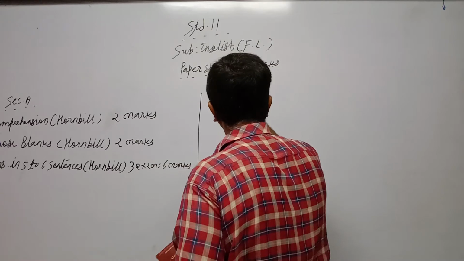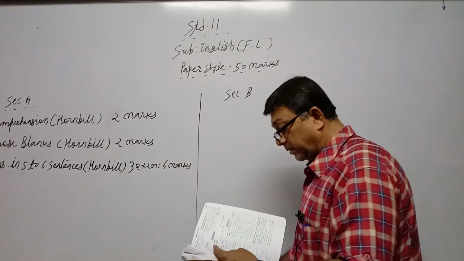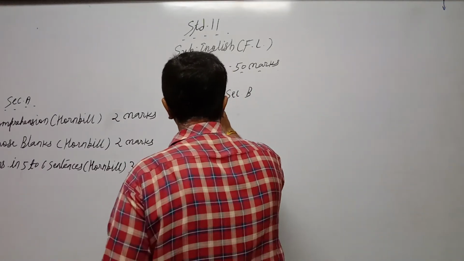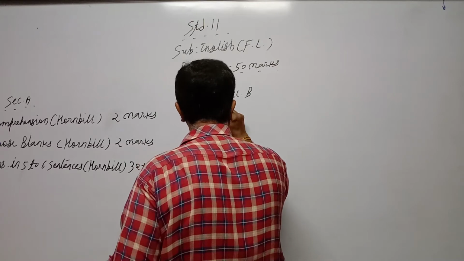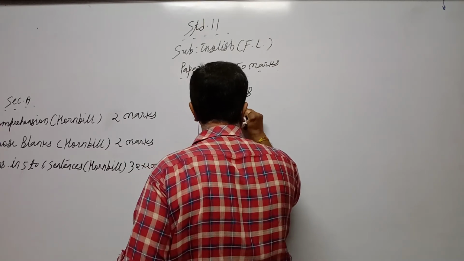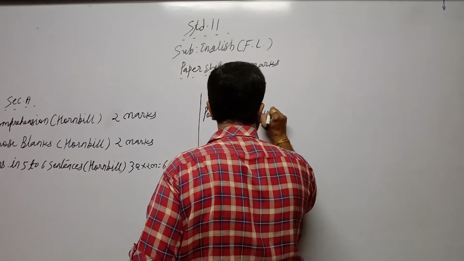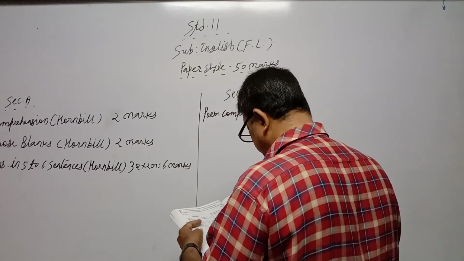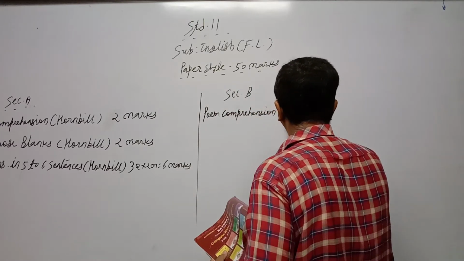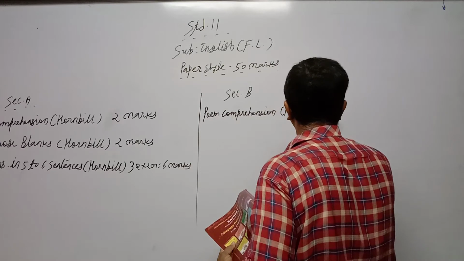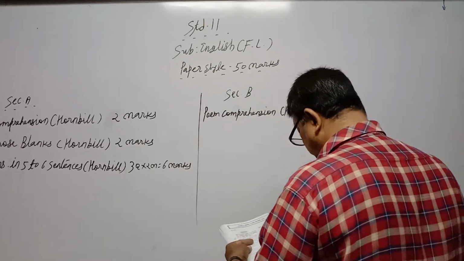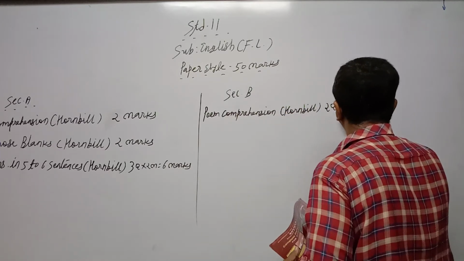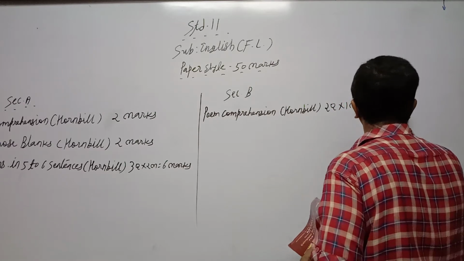Section B, poem comprehension. Hornbill, two questions into 1 mark, total 2 marks.